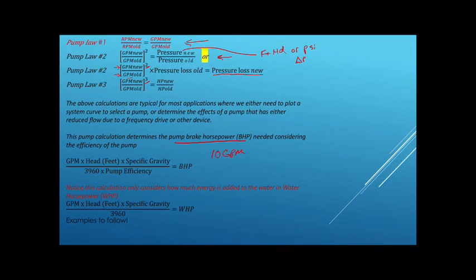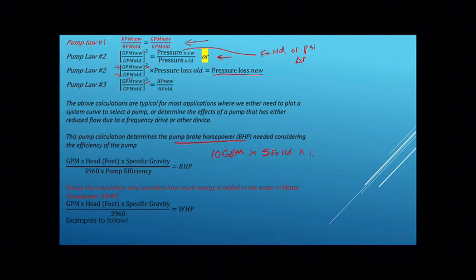If I happen to have a system, for example, that was going to run 10 GPM, and I was going to work that against, let's say, 5 feet of head, as an example, and I was using water, and water has a specific gravity of 1.0, so I'll put that over a constant of 3960.